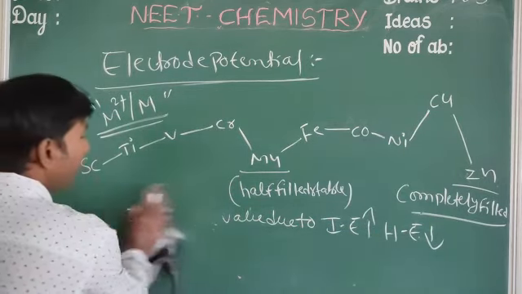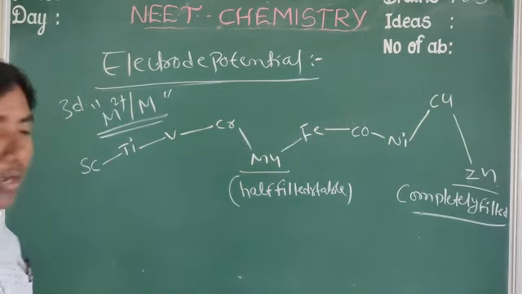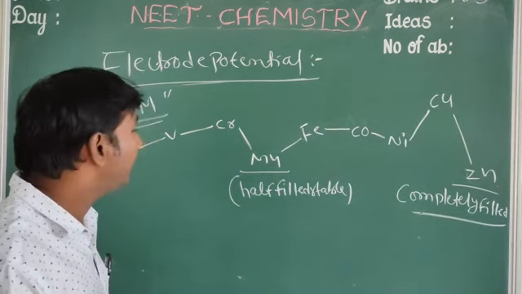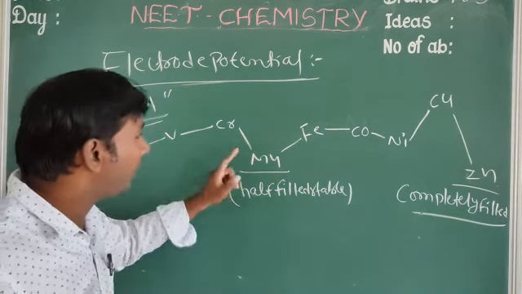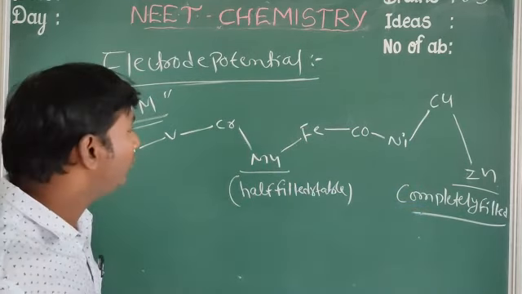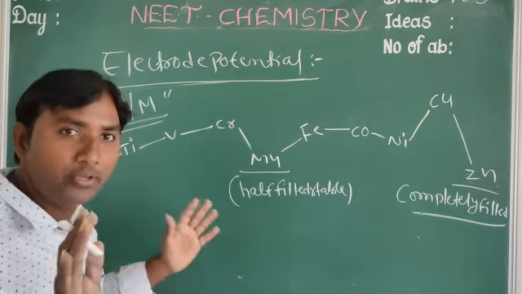Already we discussed that manganese and zinc values are very low compared to expected values. The reason is the half-filled stability of manganese and the completely filled stability of zinc.